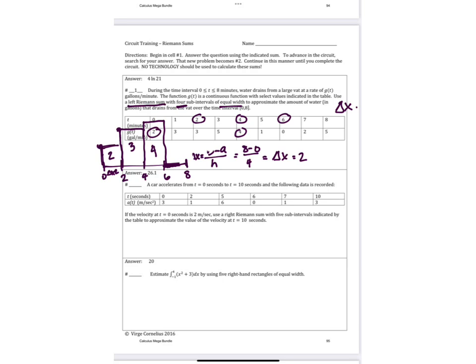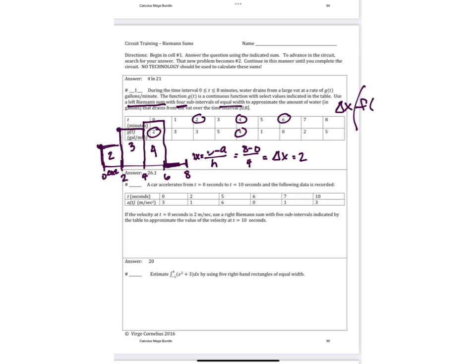And we're going to group them all together, right? But if that is equal partitions, equal sized, then you don't have to do the 2 times every time. And you can factor out that delta x. So really you have delta x times all of the y values.